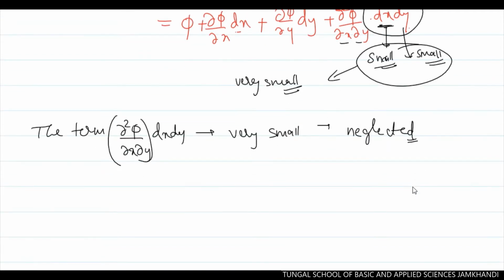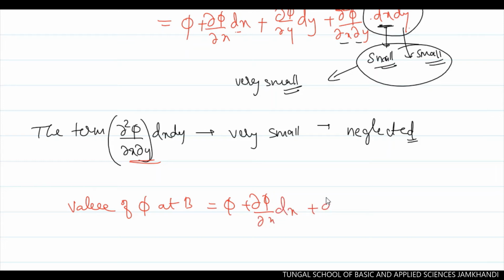Right? So by considering the negligence of this particular term, we get the value of that function phi at B will be equal to phi plus dou phi by dou x into dx plus dou phi by dou y into dy.